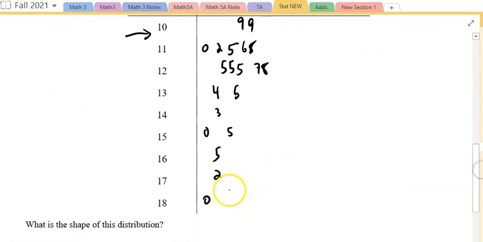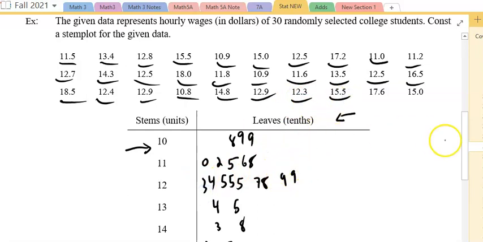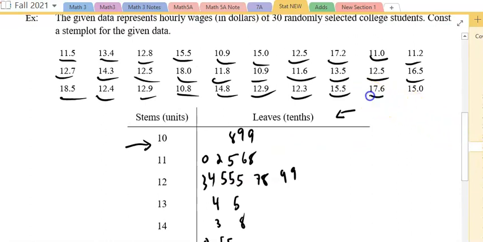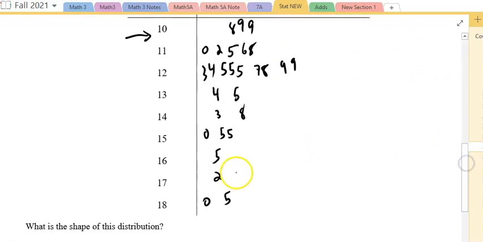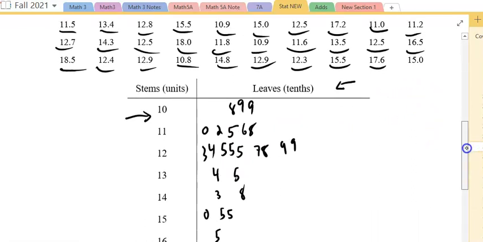18.5, 12.4, 12.9, 10.8, 14.8, 12.9, 12.3, 15.5, 17.6, and 15.0.